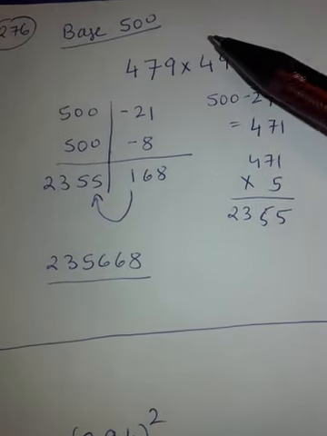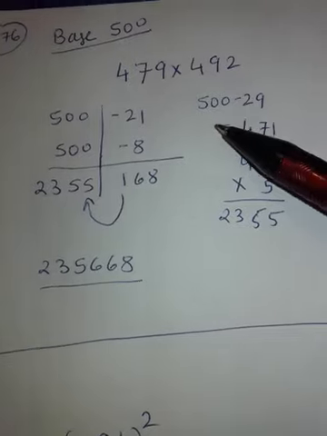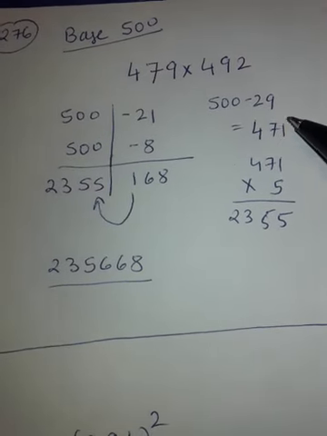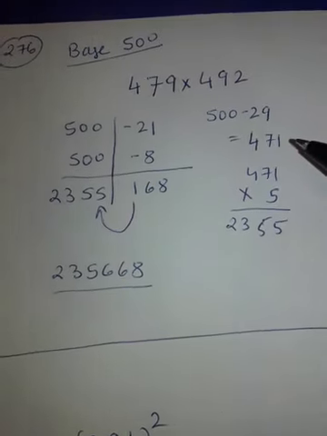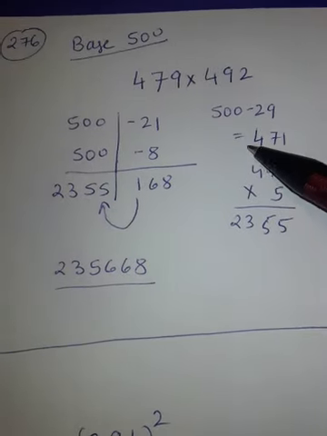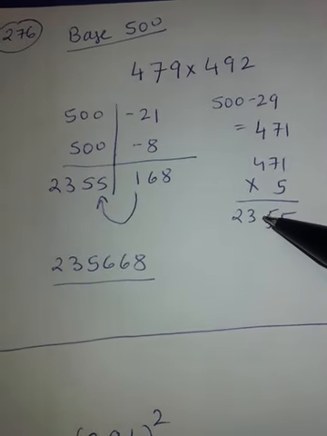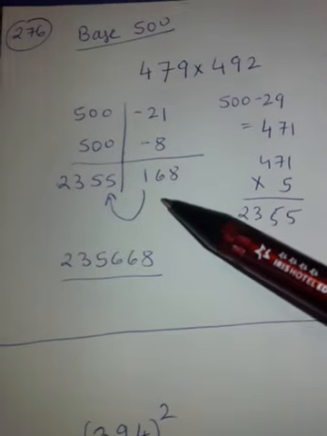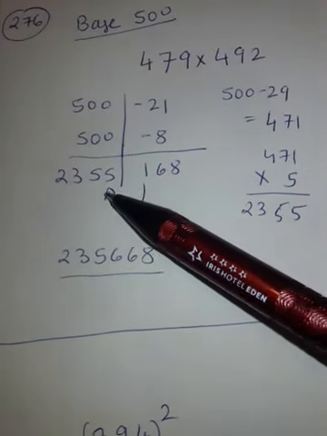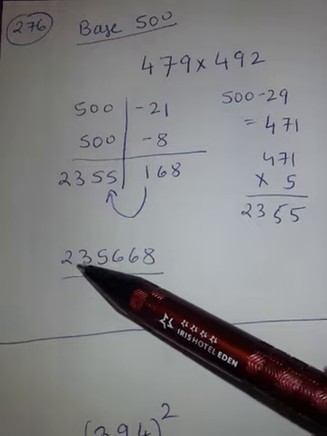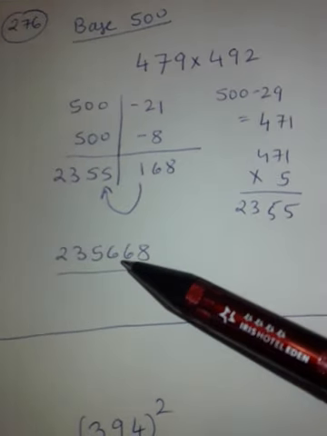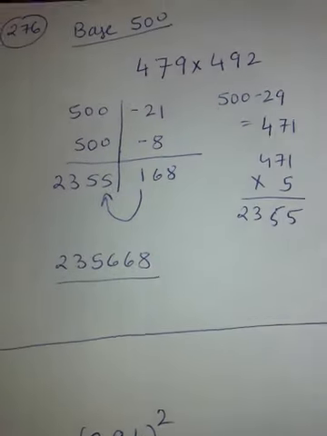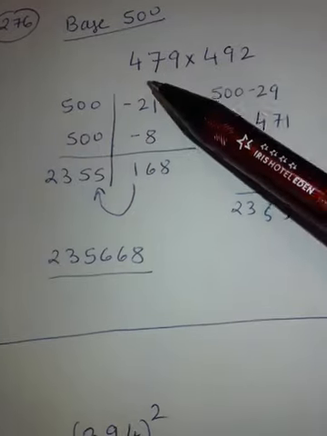So I'm going to subtract it from 500. 500 minus 29 is 471. Since the base is 500, we have to multiply this by 5. You get the answer 2355. But this is a 4-digit number, so take 2 to this side. This becomes 235668, and that's your answer.